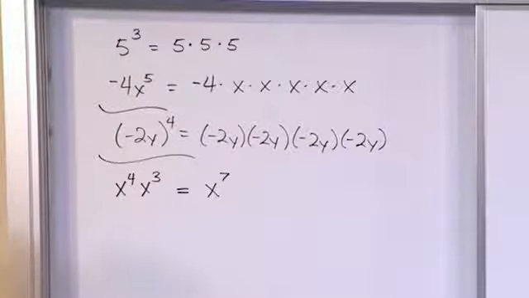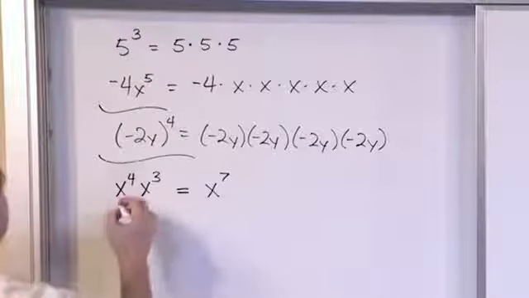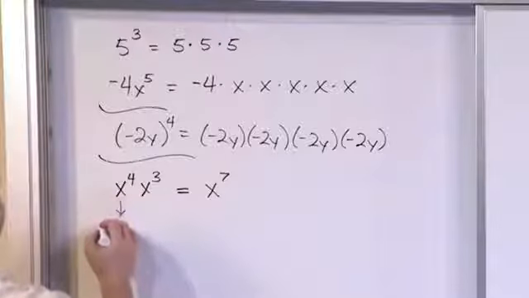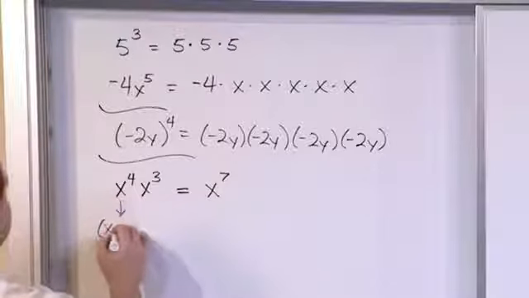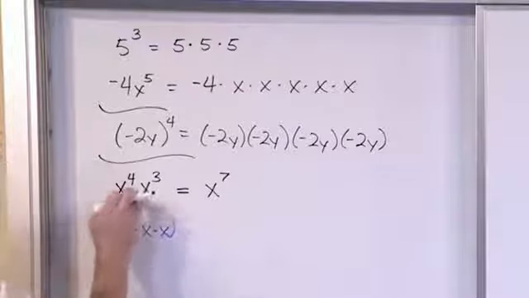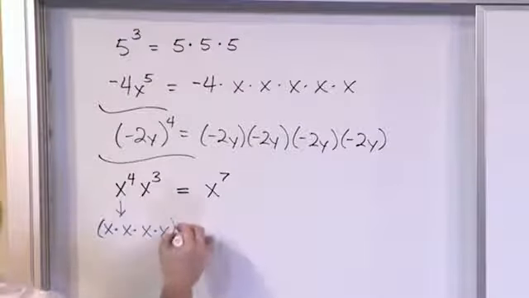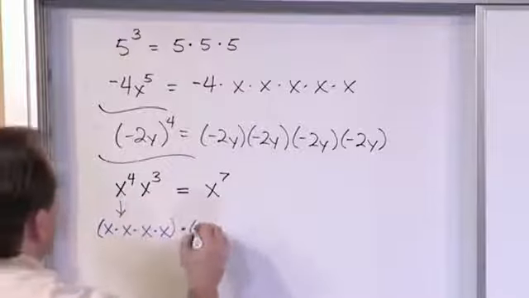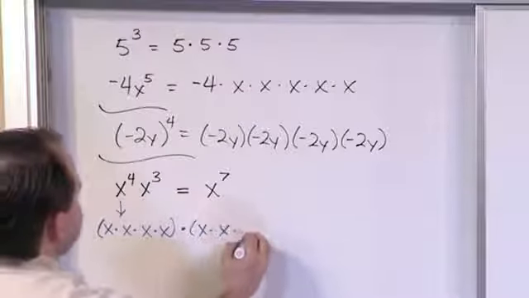And when you think about it, I'll show you how this makes total sense. Because what you really have here, this x to the power of 4, is basically x times x times x times x, 4 times, 1, 2, 3, 4. And it's multiplied by x to the 3rd power, which is x times x times x.